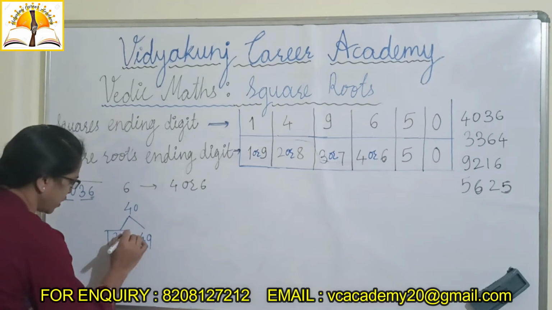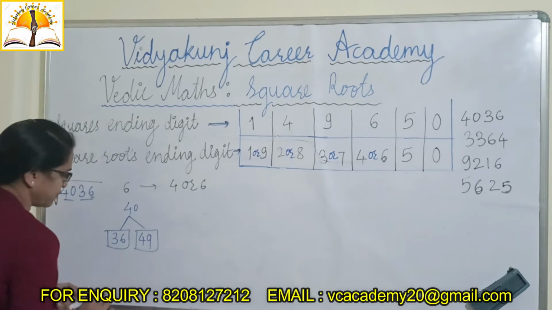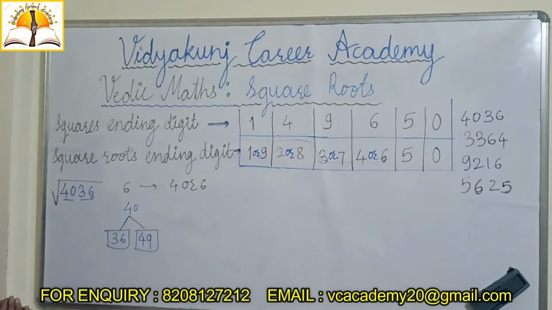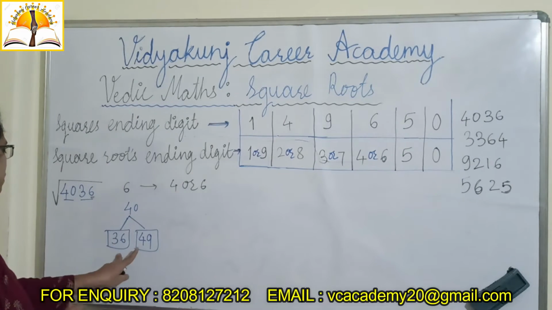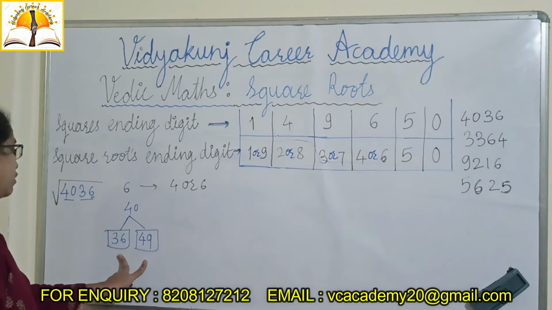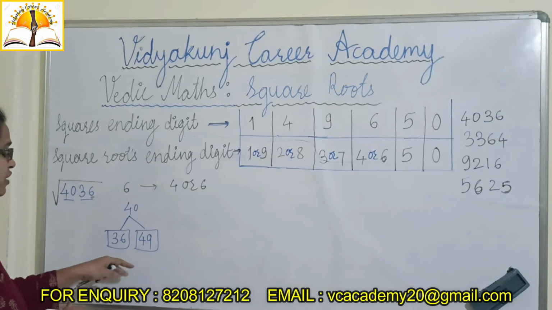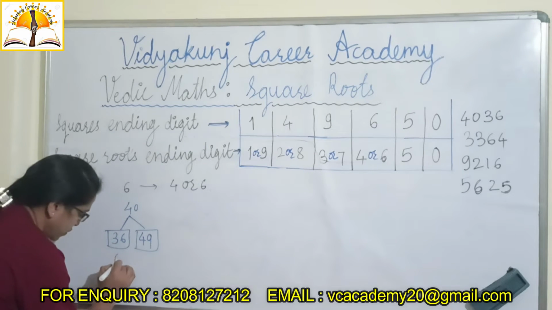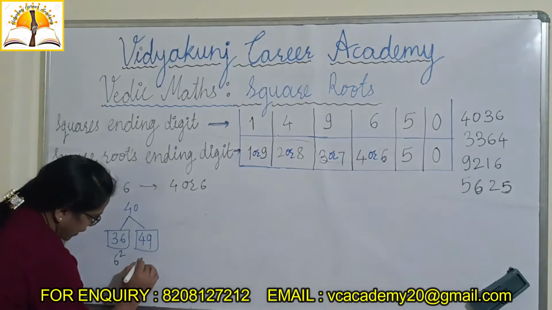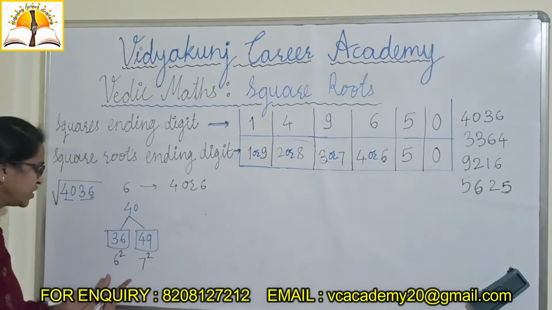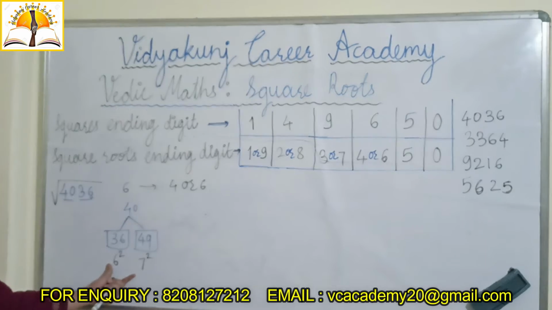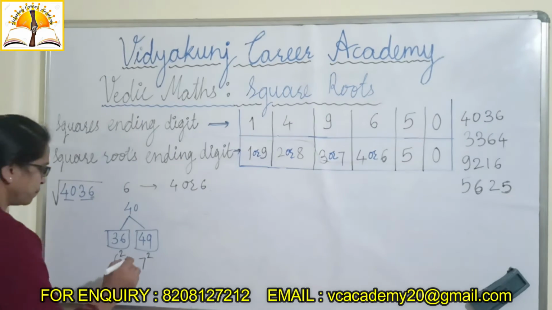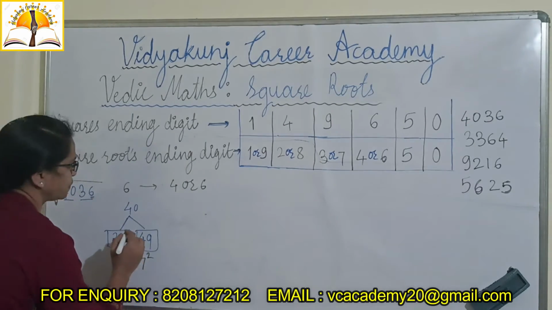This number will come in between these two squares. 40 comes in between 36 and 49, whose square roots are 6 and 7. Then we have to multiply 6 into 7.